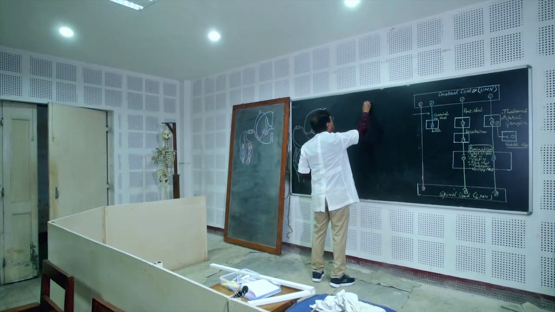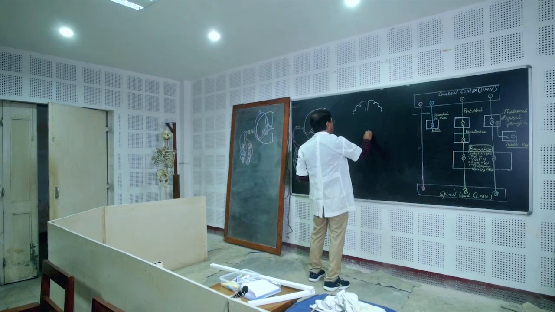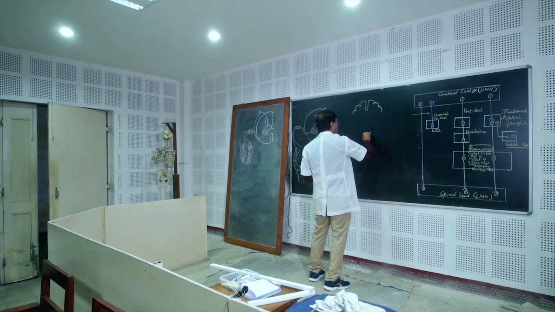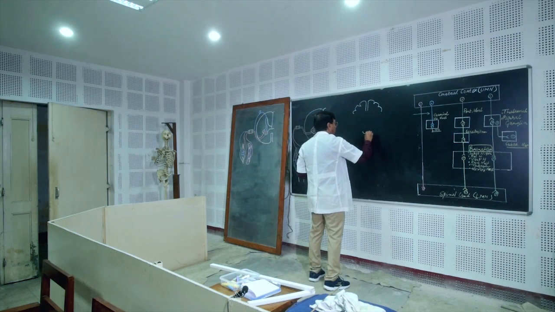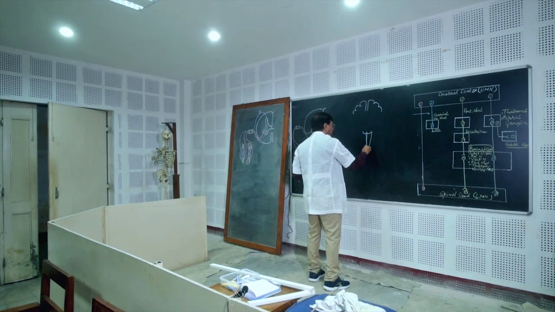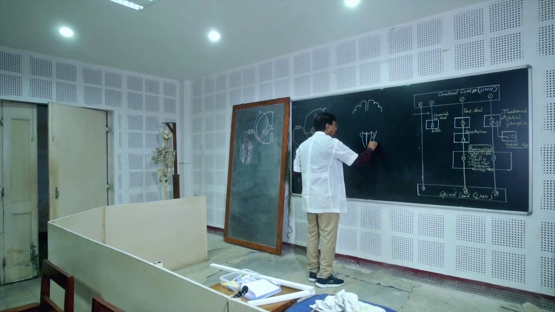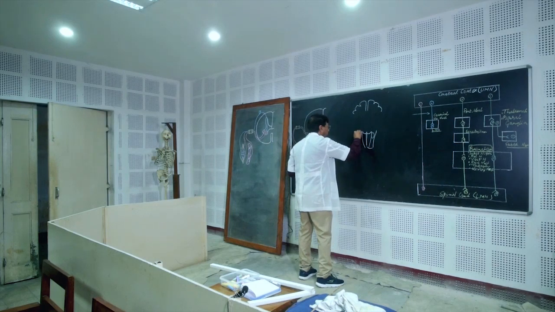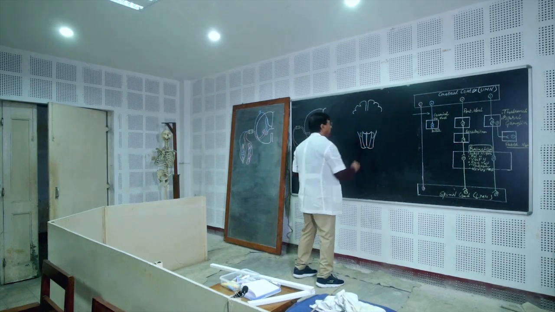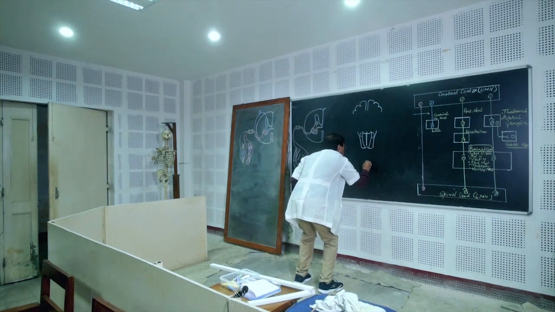If we see the corticospinal tract, pyramid, olive, inferior cerebellar peduncle, and below this level is the spinal cord.